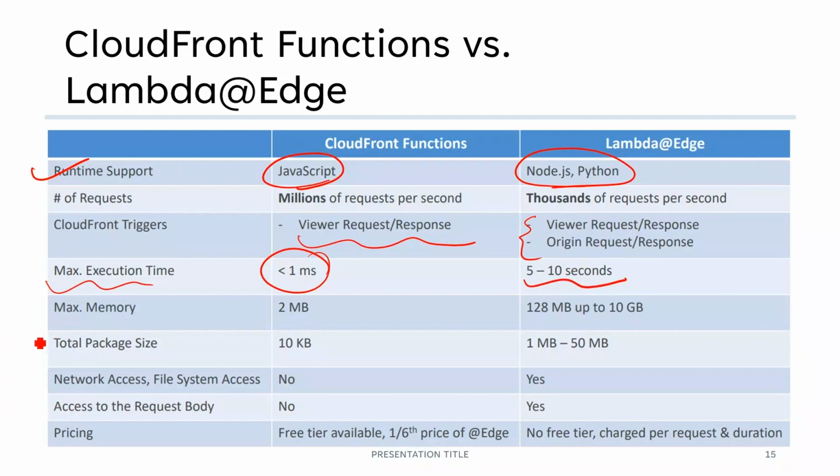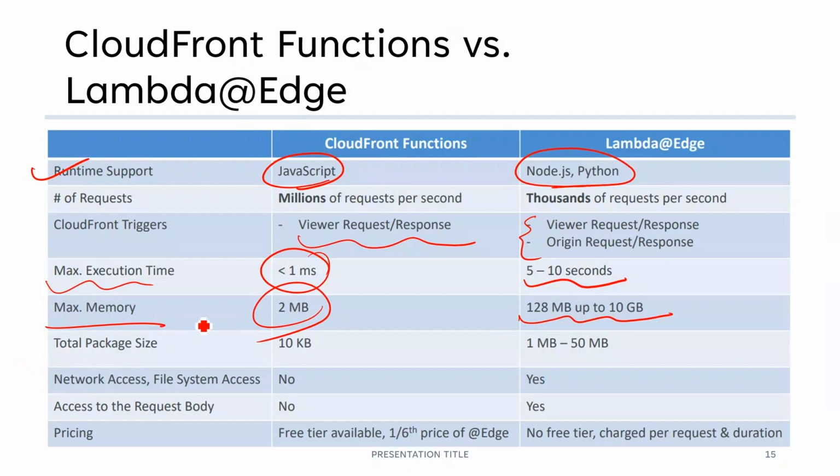Maximum memory or RAM is 2 MB for your CloudFront functions, but it is 128 MB to 10 GB for your Lambda@Edge functions. It is the same as for Lambda functions, right? For Lambda functions, we saw the range for the RAM is 128 MB to 10 GB. Similarly for Lambda@Edge functions, it is the same, 128 MB to 10 GB.